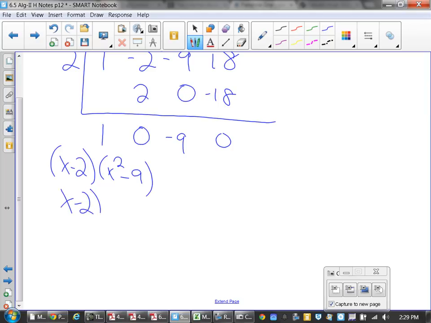If I'm finding all possible zeros, and you want to write down all of your factored terms first, no big deal. The other thing this allows you to do rather quickly is graph.